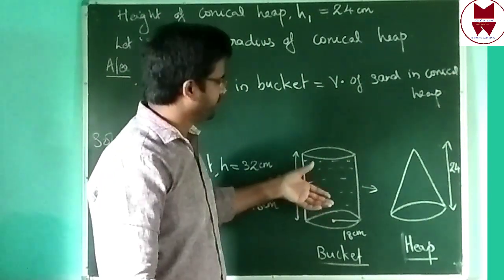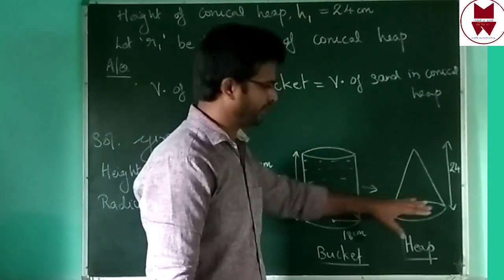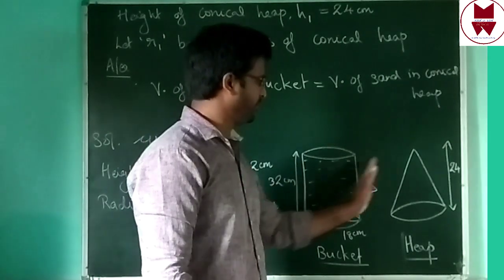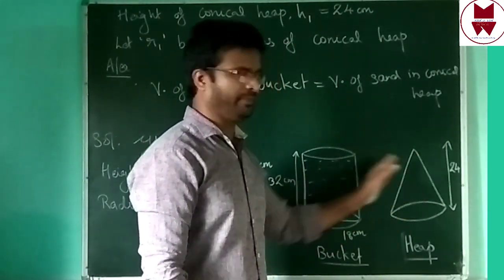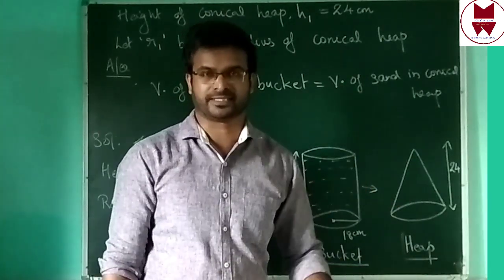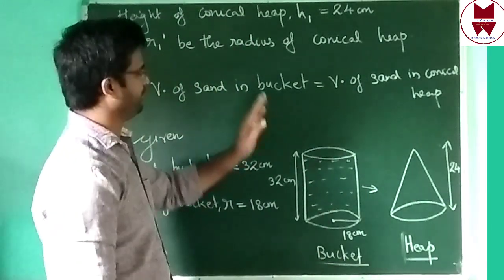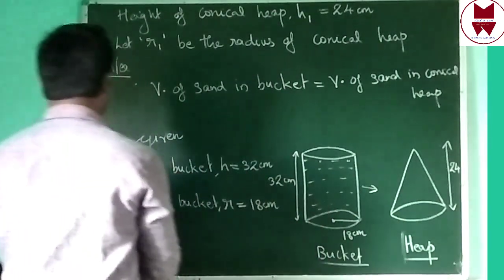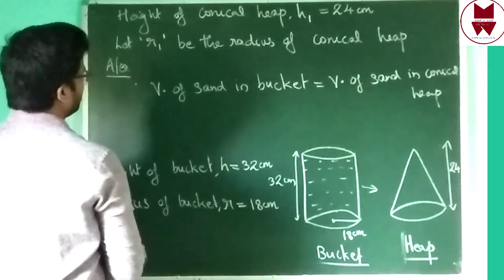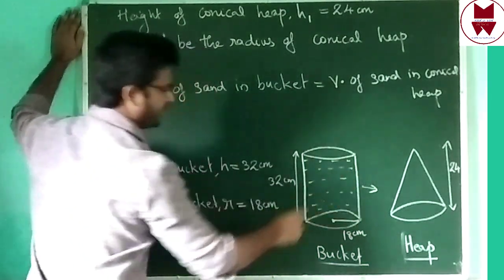Keep in mind, this is full of sand. This same sand they emptied on the ground. That means the volume of this sand and the volume of this conical heap will be equal, because they use the same sand, not different. Then volume of sand in bucket and volume of sand in conical heap will be equal.